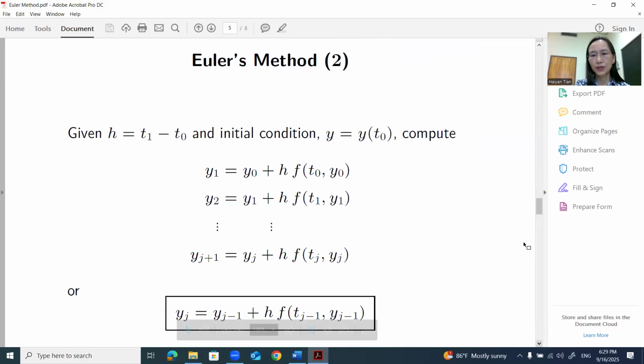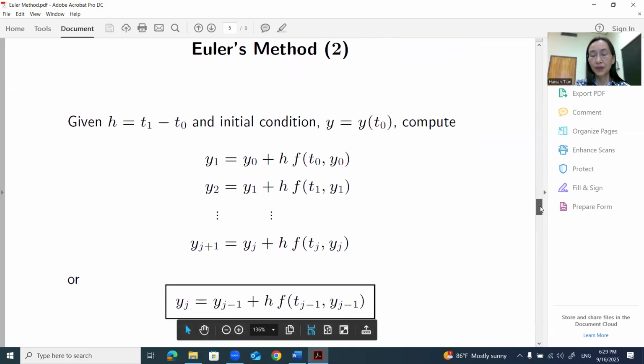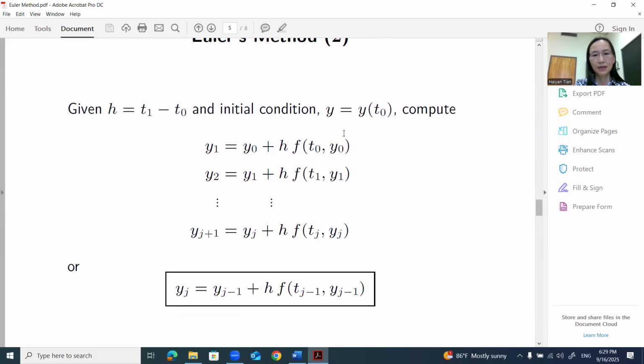So this formula is easy to implement because once t0, y0 is given, then you can simply get y1, right? Once your y1 is found, then with the same pattern, you just use t1, y1, and you get y2.